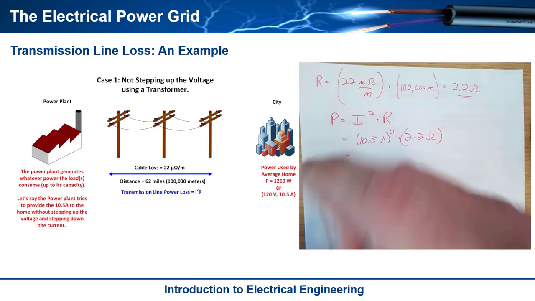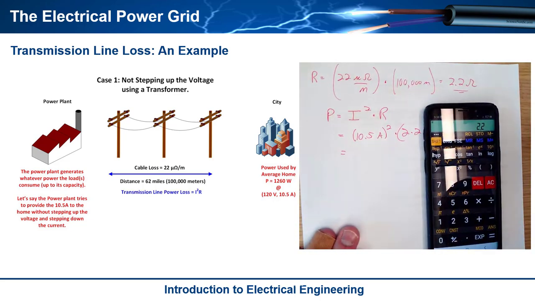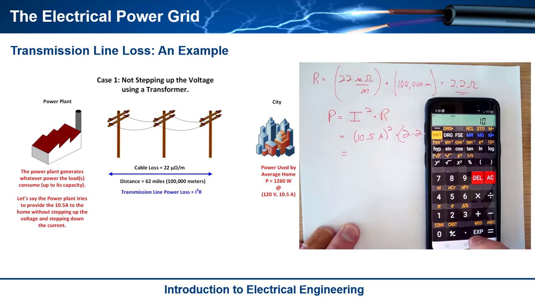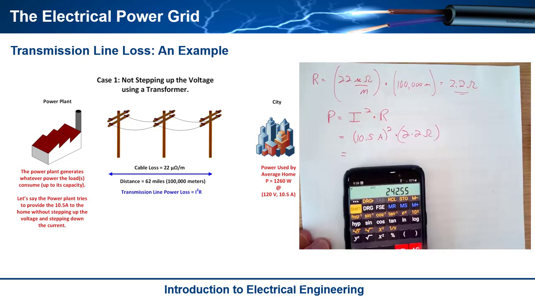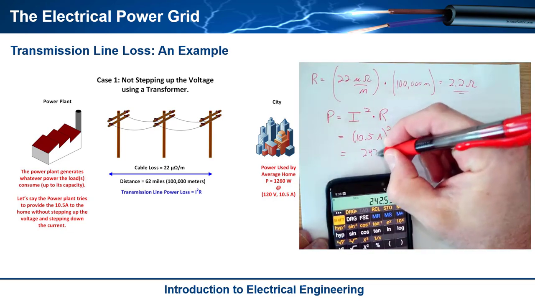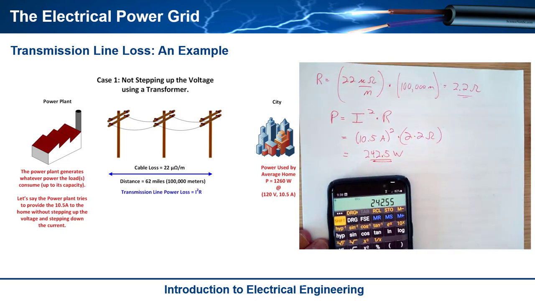Calculating 10.5 squared times 2.2, I end up with 242.5 watts lost in the transmission. That is power that's lost in the cables.